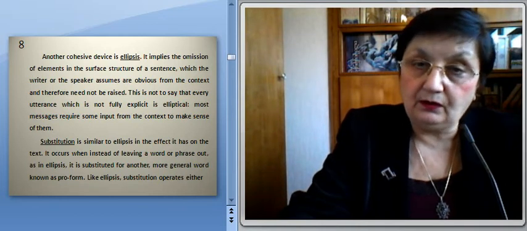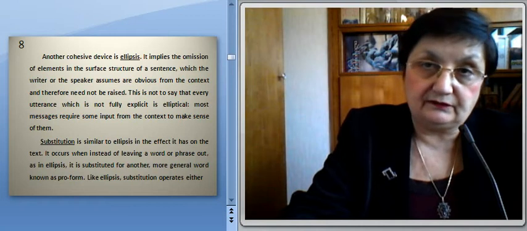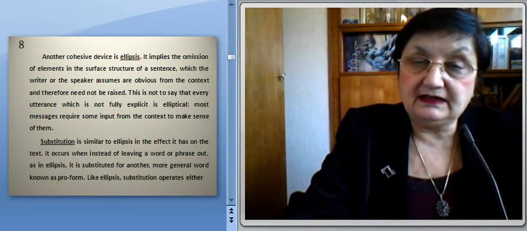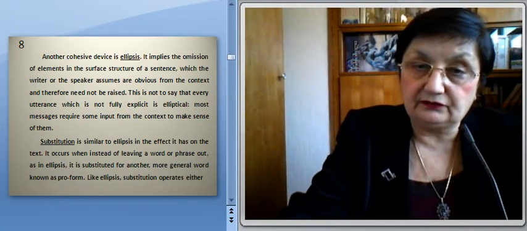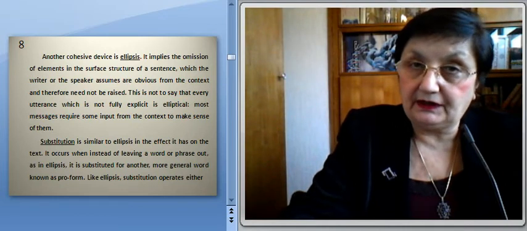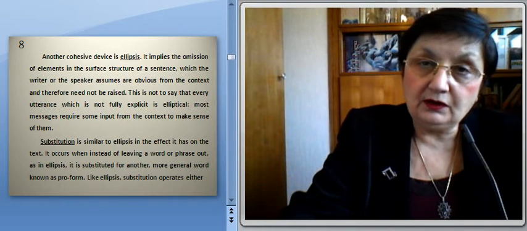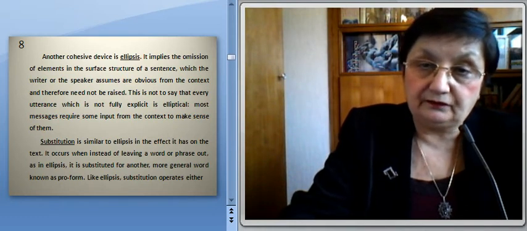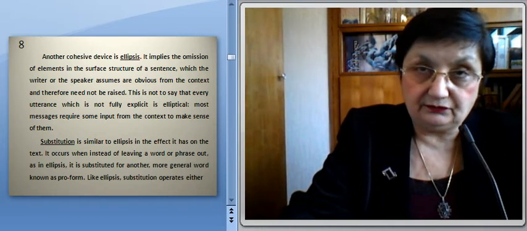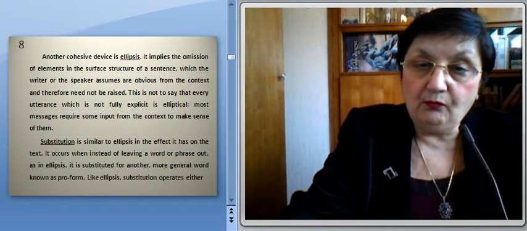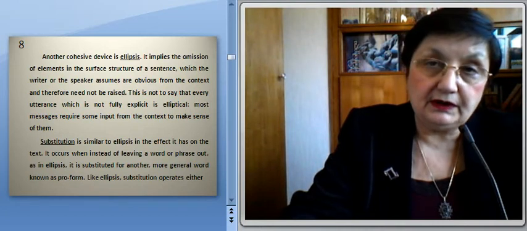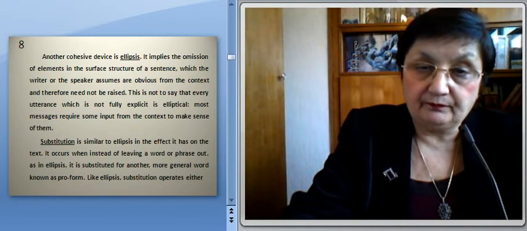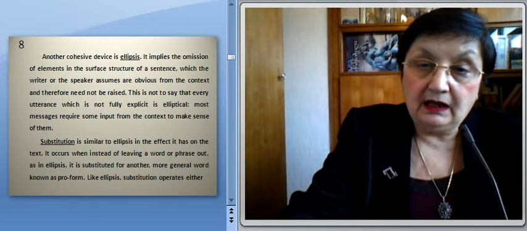Substitution is similar to ellipsis in the effect it has on the text. It occurs when, instead of leaving a word or phrase out as an ellipsis, it is substituted for another, more general word known as proform. Like ellipsis, substitution operates either at nominal, verbal, or clausal level.